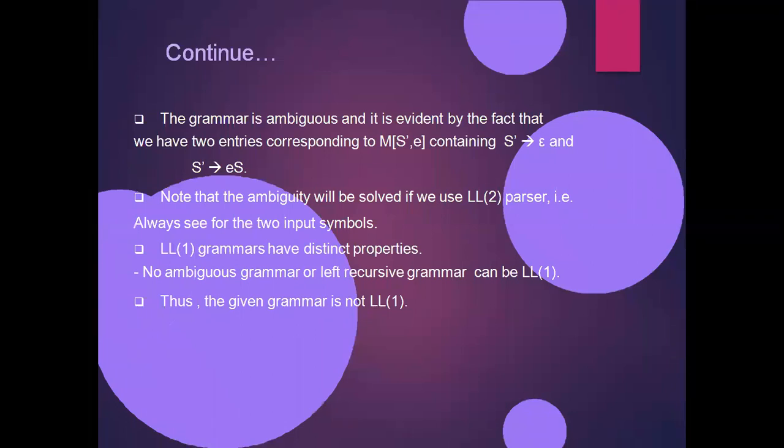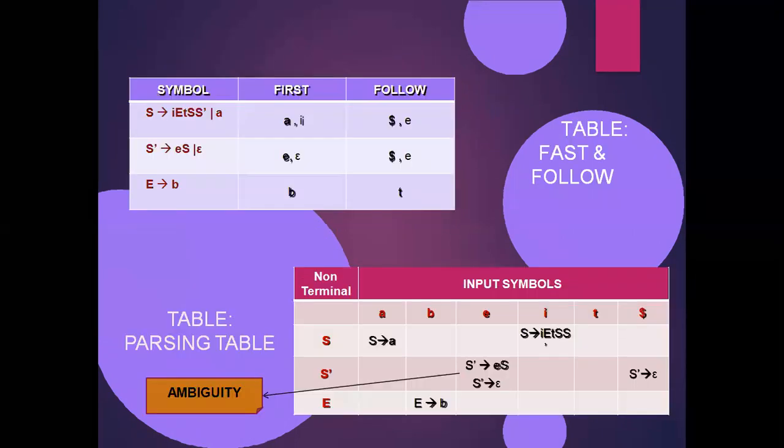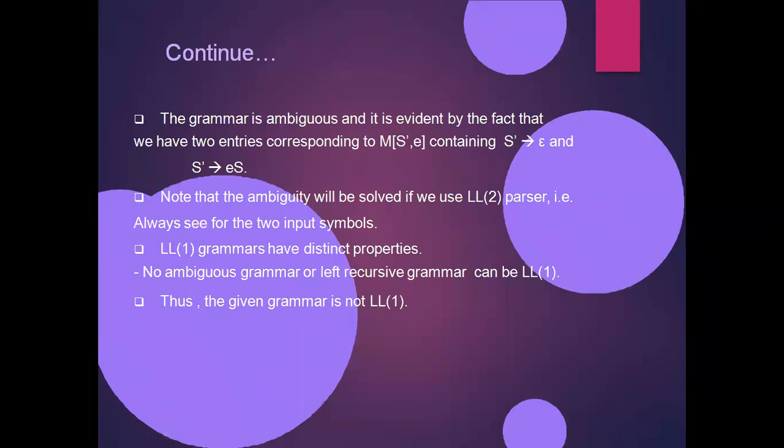See here, we have a statement for that. The grammar is ambiguous. We have two entries corresponding to M, S dash being a non-terminal with an input symbol. When I am reading S dash with E, there is a problem choosing an alternative, whether to choose this one or this one. So we consider this an ambiguity. LL of 1 grammar has distinguished properties.